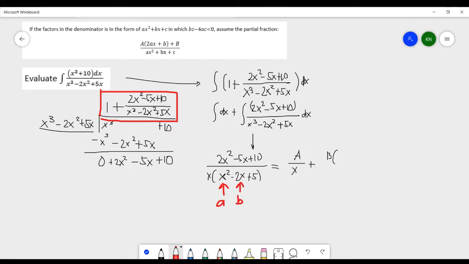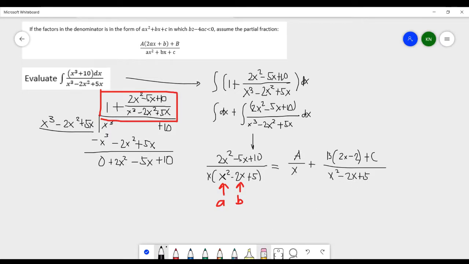So this is 2, and our A is 1, so we just put x here. And then our B is negative 2, so that is (Bx plus C) all over our denominator, which is x squared minus 2x plus 5.